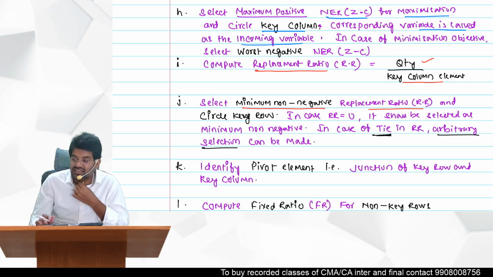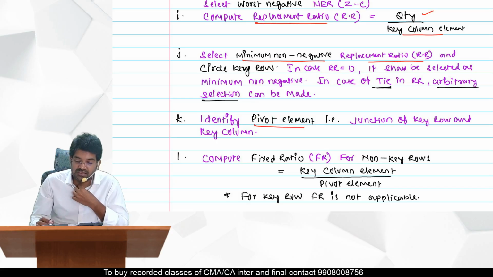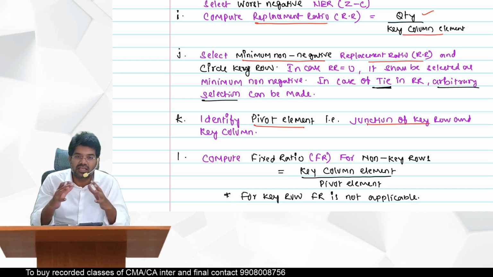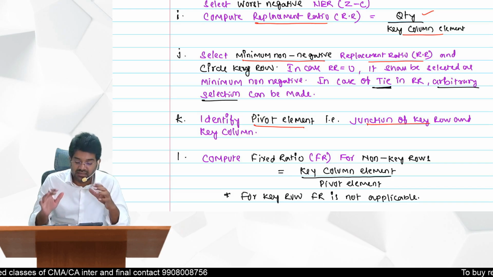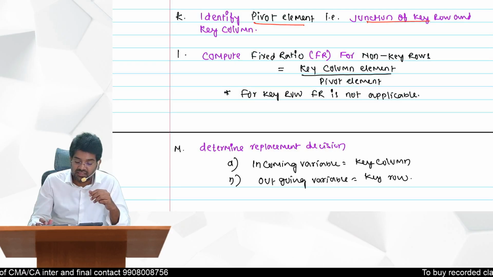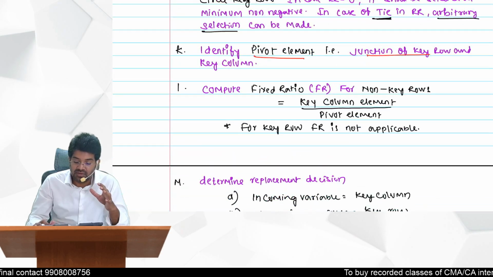We got 320. And identify the pivot element. What is the pivot element? The junction of key row and key column. Wherever key column and key row intersect, that is called the junction element or pivot element. That is also done. So that is the pivot element we got.